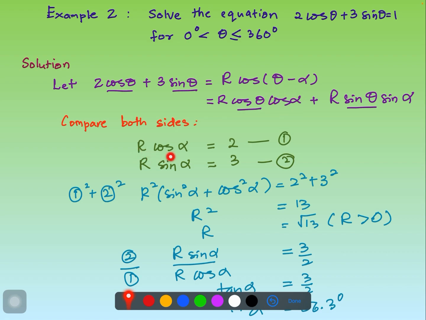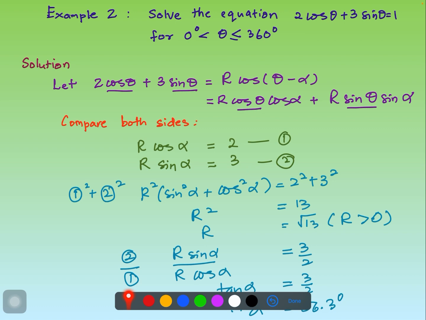So r cos alpha equals 2, equation number 1. And the coefficient of sin theta on the left hand side is 3, and on the right hand side is r sin alpha. So r sin alpha equals 3, equation number 2.